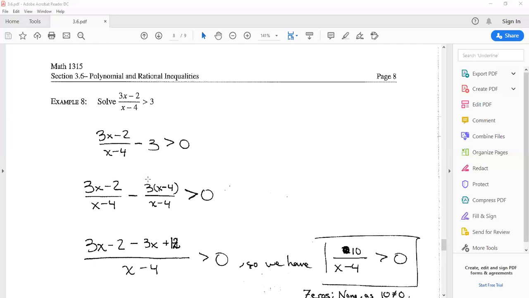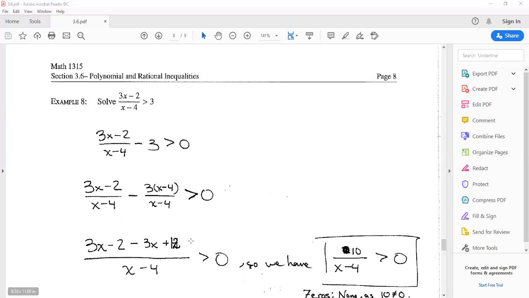Okay, but then 3 times x minus 4 really becomes 3x minus 12. And then if we subtract all of that from 3x minus 2, we really get 3x minus 2 minus 3x and then plus 12. Where does this plus 12 come from? Well, we have minus out here and 3 times minus 4. So it's really minus 12, which is plus 12.